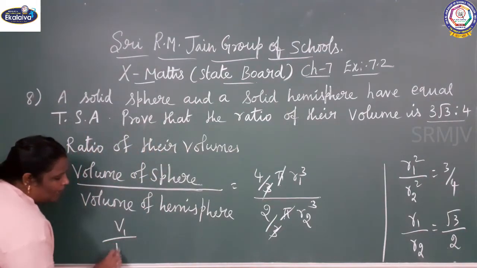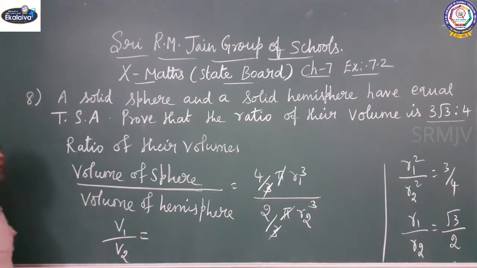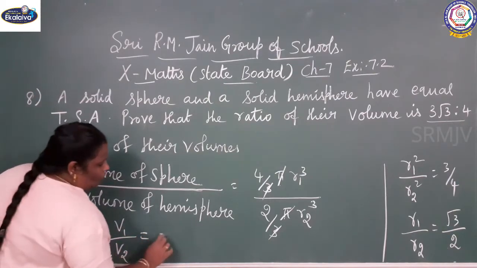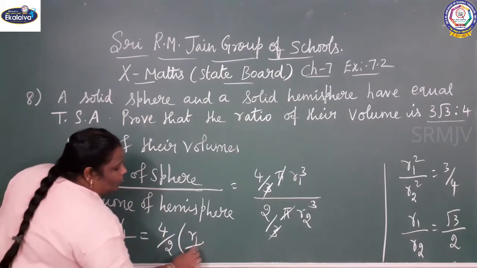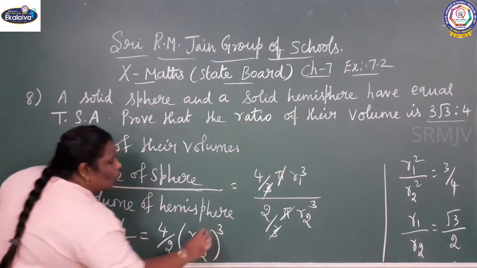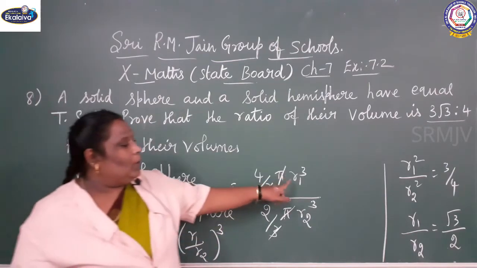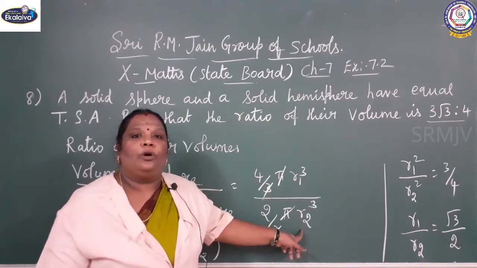See, V1 by V2 equal to, V1 is nothing but volume of a sphere and V2 is nothing but volume of a hemisphere, equal to 4 by 2 into R1 cube by R2 cube.